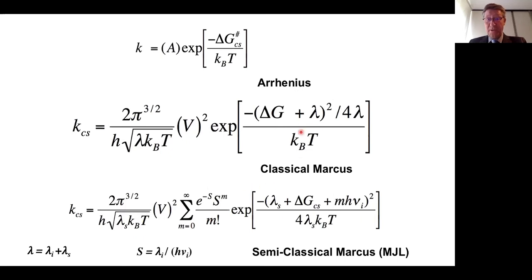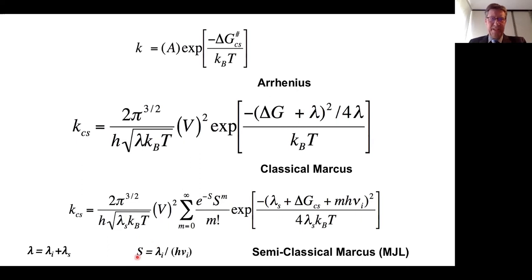And in the part of the activation energy, we see that a vibration is now playing a role. And this vibration is basically a vibration of the molecule that mediates the electron transfer. It's also present here in this S function.